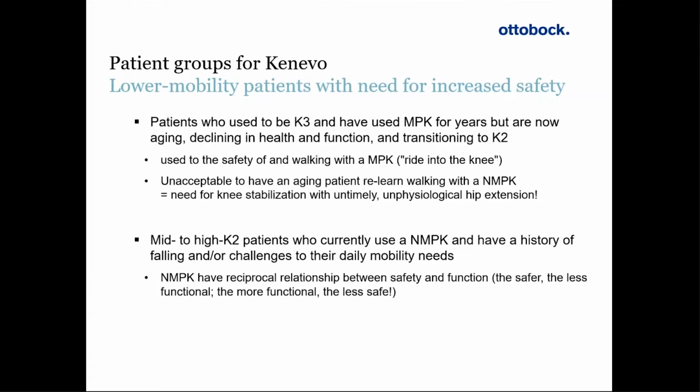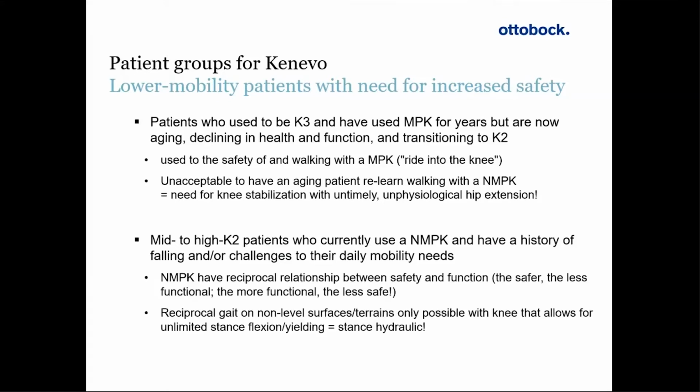These are things that are done by the microprocessor in a microprocessor knee, so the patient doesn't have to care about that. We also have to keep in mind that reciprocal gait on non-level surfaces or terrains is only possible with a knee that allows for unlimited stance flexion and yielding, so a knee that uses hydraulics for stance control.